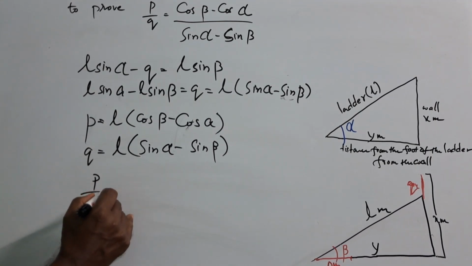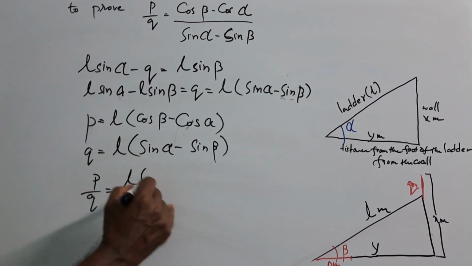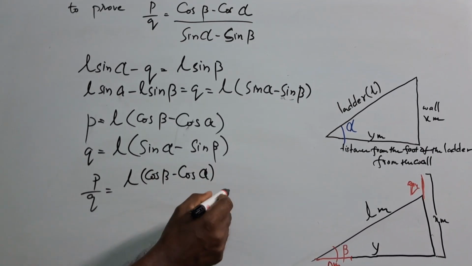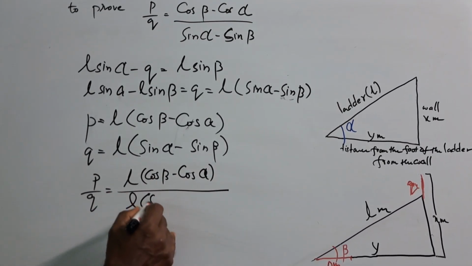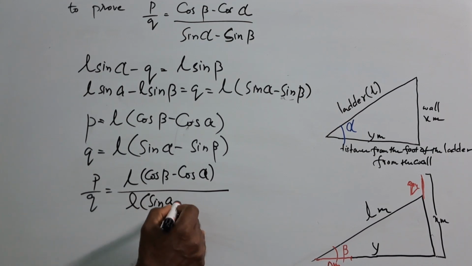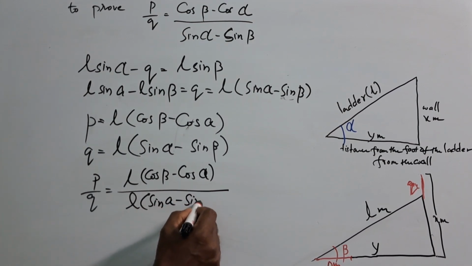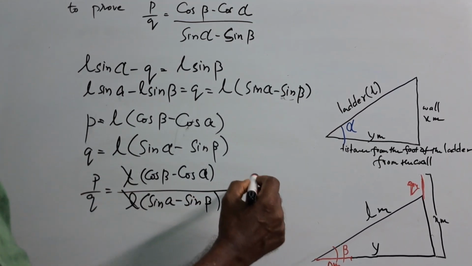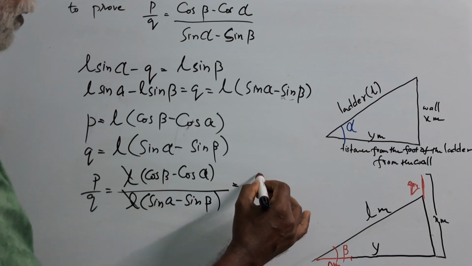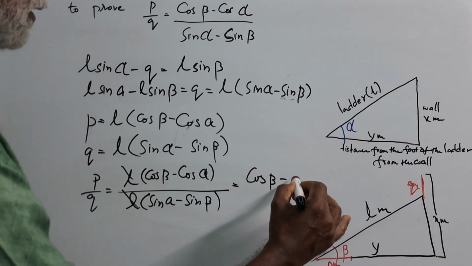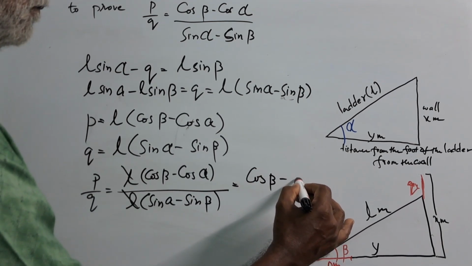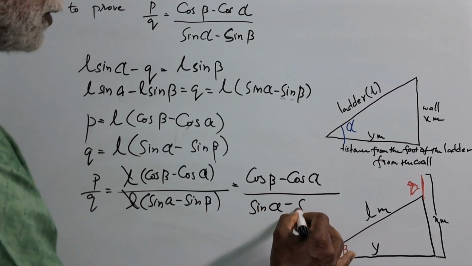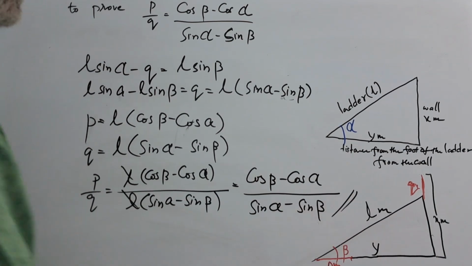P by Q is equal to L into cos beta minus cos alpha by L into sin alpha minus sin beta, and L cancels. We have P by Q is equal to cos beta minus cos alpha by sin alpha minus sin beta. This is what we need.